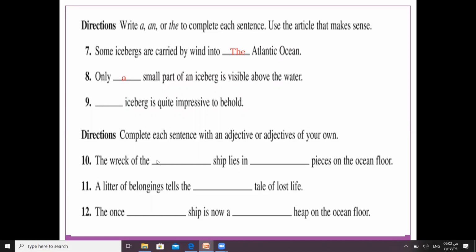Here we will use the proper adjective. Mexico is a proper noun. Mexican. Or I brought for you American, for example. Can I write Mexican? Yes, you can. Why not? Actually, I wanted to write Titanic. No, Titanic is the name of the song.